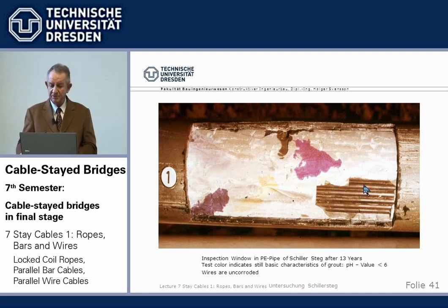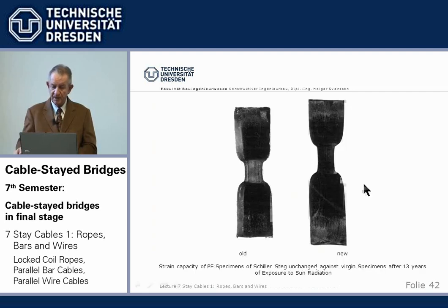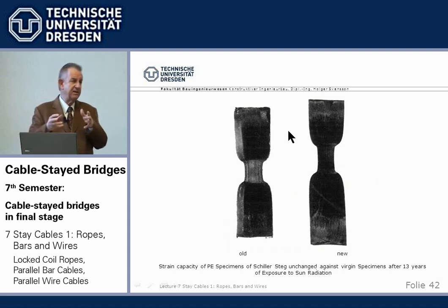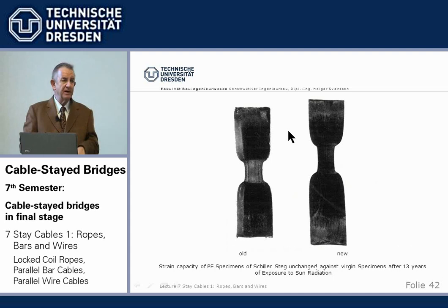The wires were not corroded. And from these cut-out PE pipes, after 15 years in the sun, when they were pulled, these 15-year-old specimens showed the same characteristics as virgin PE as compared here. So the UV did not make any difficulties.